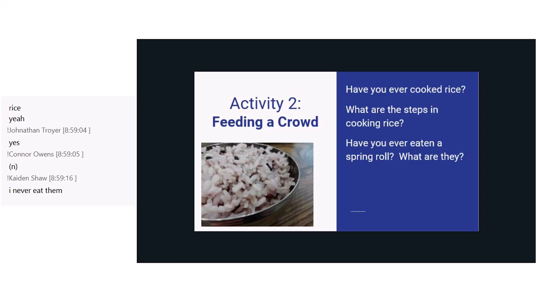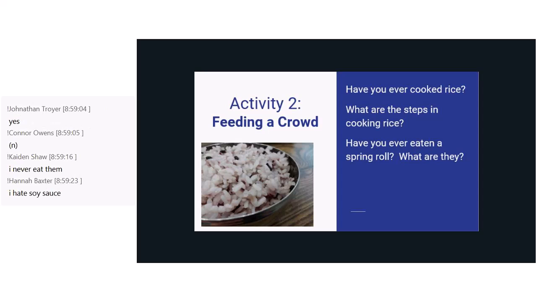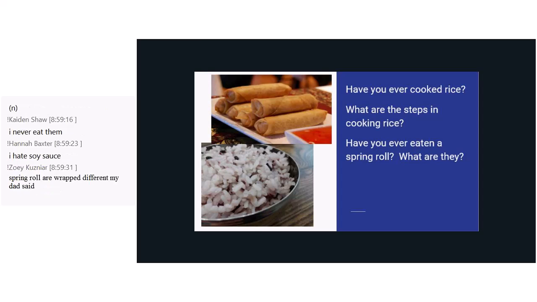so a spring roll is like a fried, I mean, they call them egg roll sheets. I forget what they're actually called, but it's like a wrap. They take this stuff and they wrap it up and then they fry it in a pan. There we go. That's what they look like. Egg rolls. Oh, they're wrapped differently? Okay, well, I learn something new every day, don't I?